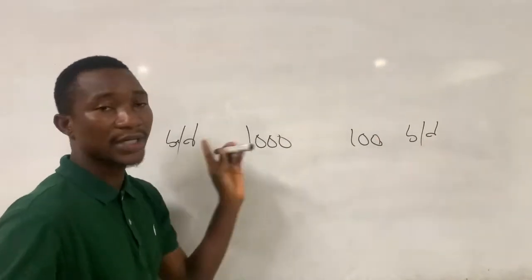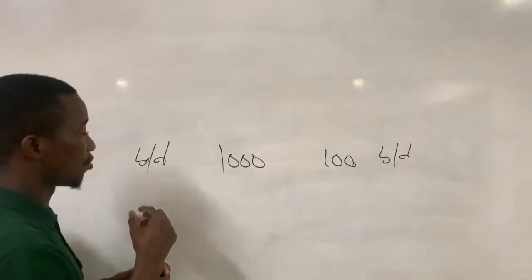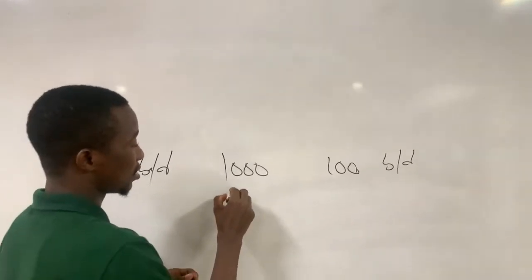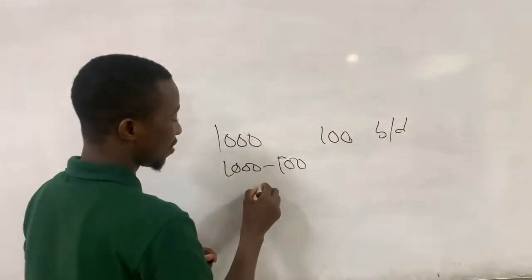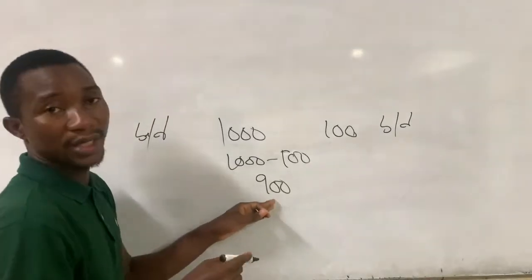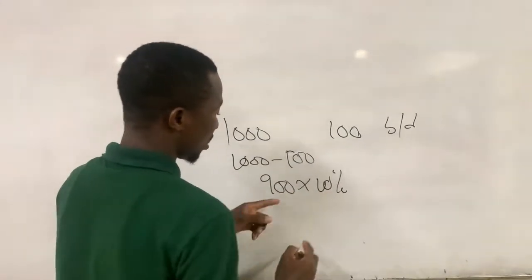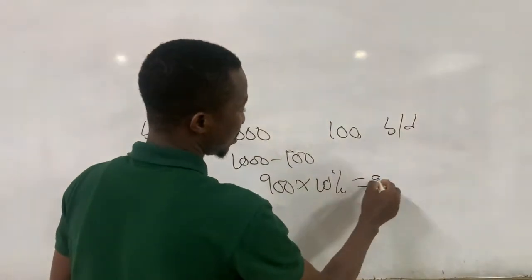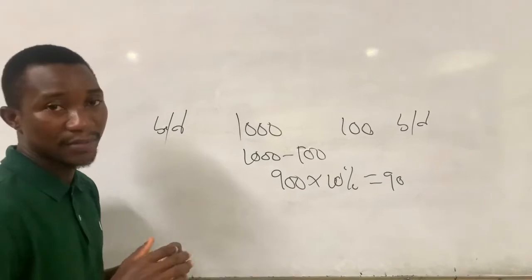Because there is a balance brought down, we need to take the accumulated depreciation from the cost of the asset, and that will give us 1,000 minus 100, which is 900. Then we calculate the depreciation, that is 10% on the 900, and that will give us $90. So that is the dynamics of the reducing balance method.